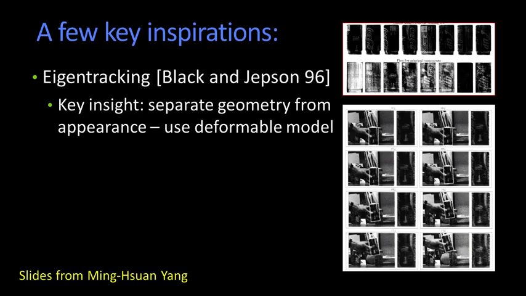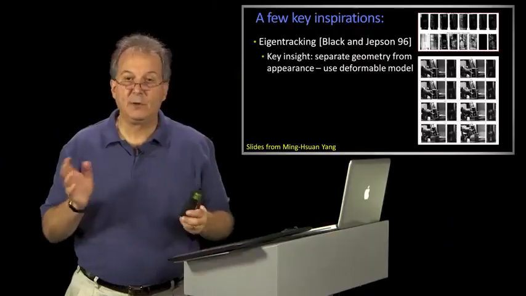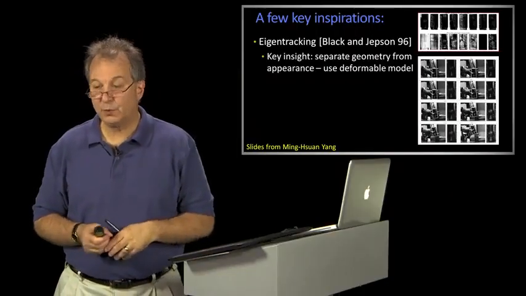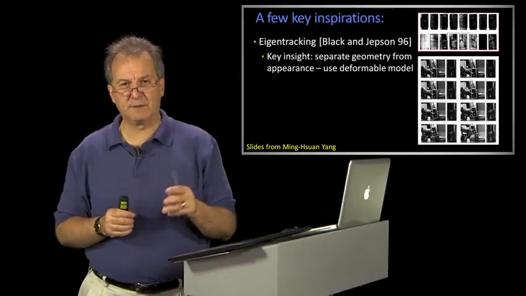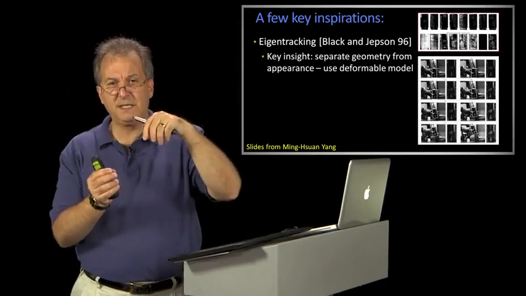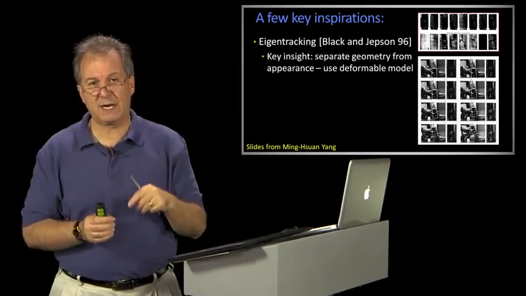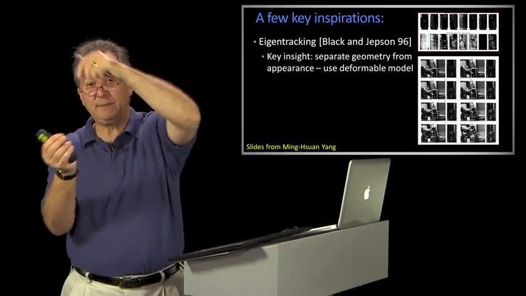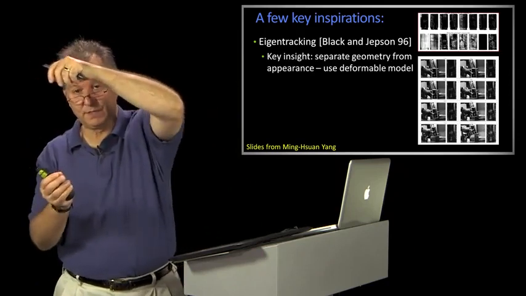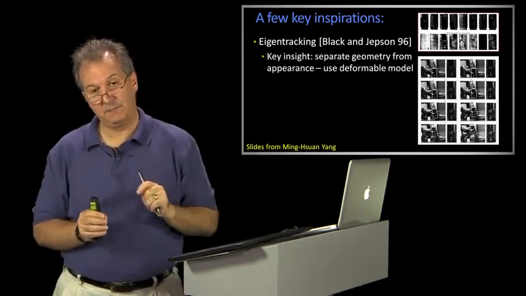Well, suppose we decompose the problem into the geometric part, that is, how is my object moving, maybe rotating, scaling, and what does it look like? Now, we've already seen this, right? When we were doing the good features to track, there was an image of a speed limit sign getting bigger and bigger and being tracked, and the idea was it's the same image patch, it just deforms. Well, there they were using a single image patch.